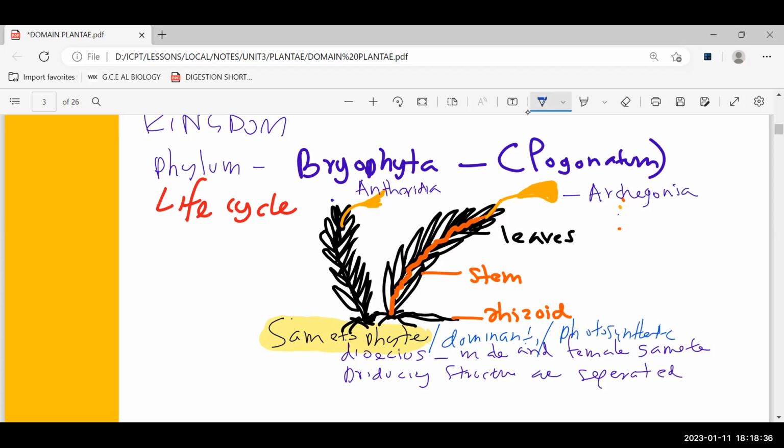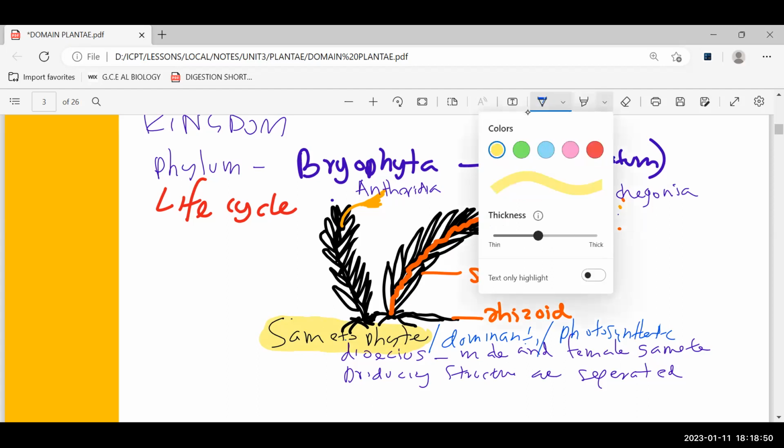So as we learned before, gametophyte, gametangia, gamete. So this is the gametophyte stage, and the gametophyte stage is quite surprising because it is photosynthetic and dominant.